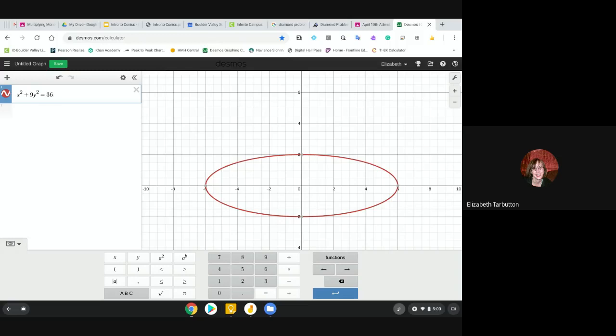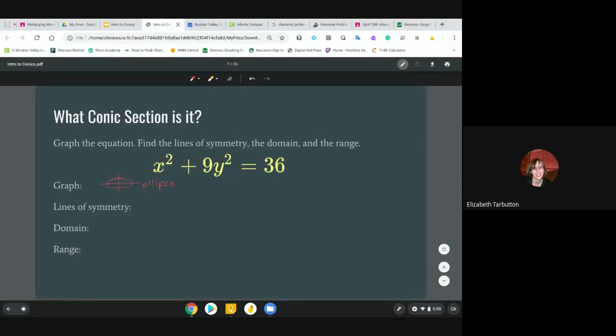And then some other key features. We have a y-intercept at 2 and -2. We have x-intercepts at -6 and +6. So we can come back in to our slides and get those down. Lines of symmetry are the x-axis and y-axis. The domain is all real numbers from -6 to 6.